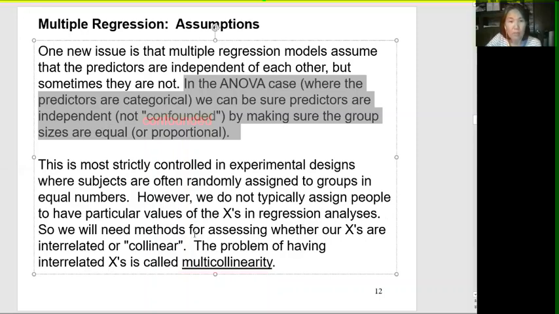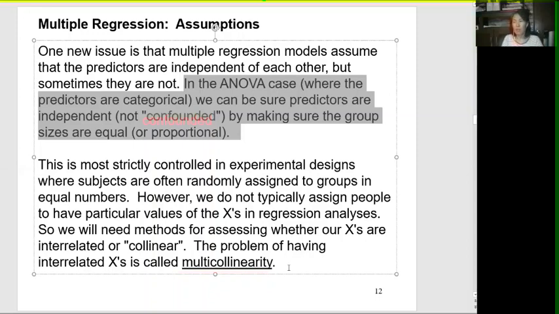So we will need a method for assessing whether our X's are interrelated or collinear. The problem of having interrelated X's is called multicollinearity.